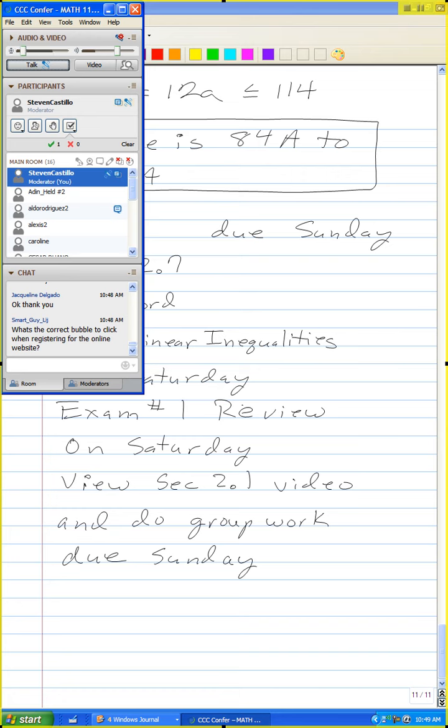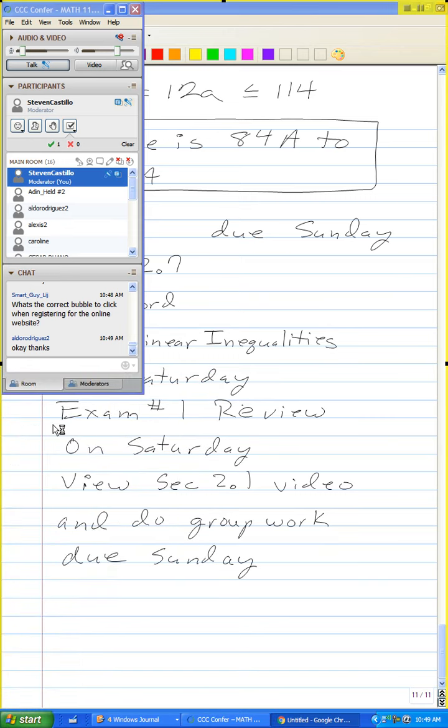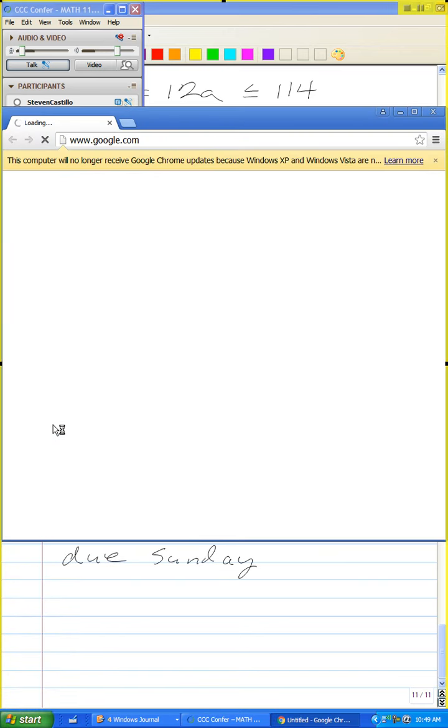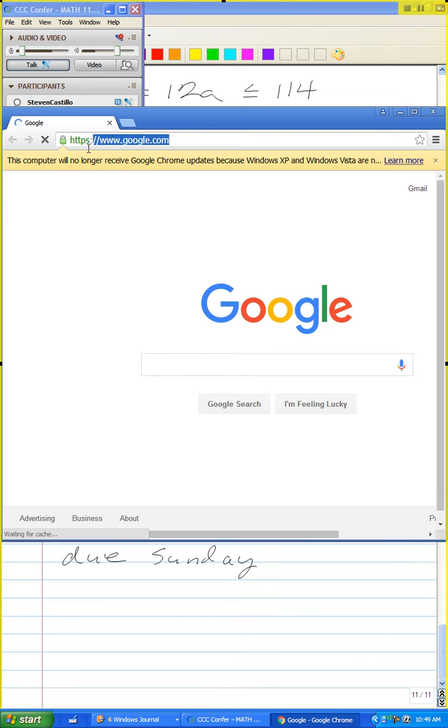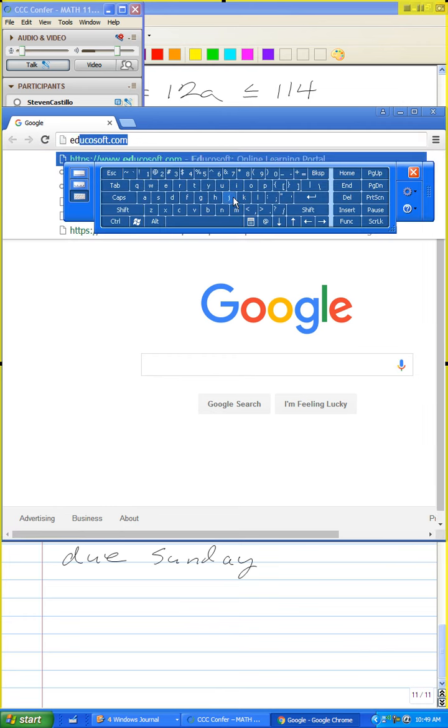Let's see if I can actually go to the website. I'm not sure if I can from here. I'll try. I may, unfortunately, crash the system. So I'm going to try, but we'll see what happens.